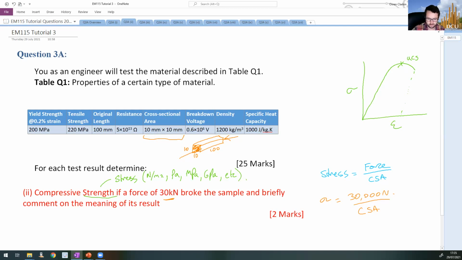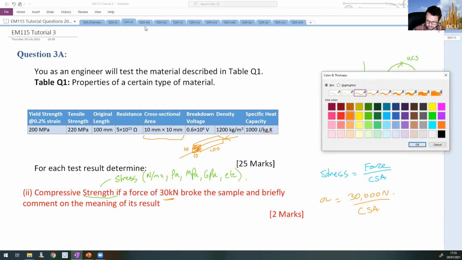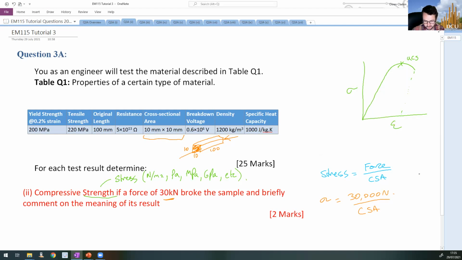So let's just do that over here. We can convert 10 millimeters into meters, which is 0.01 by 0.01. Okay. That comes out as 1 by 10 to the minus 4 meters squared.